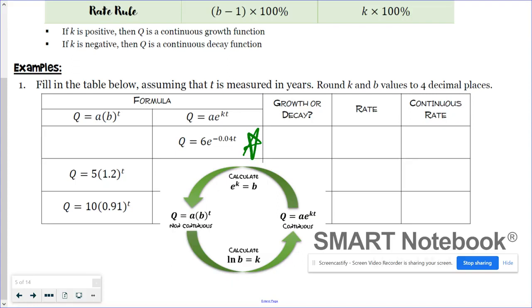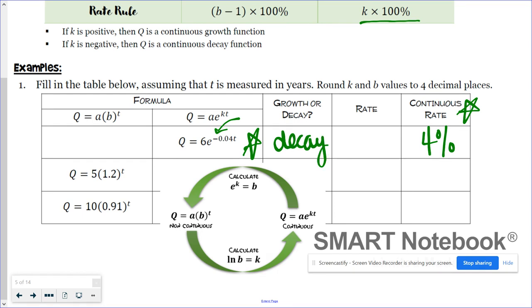First of all, this is our continuous function. So the continuous rate is my k value times 100%. So I'm looking at 4%. That negative here simply means it's a decay function. The other two things in this row, I'm going to have to convert.